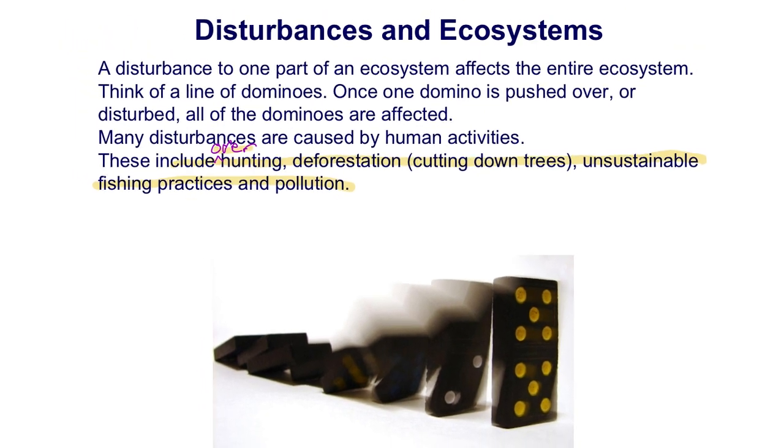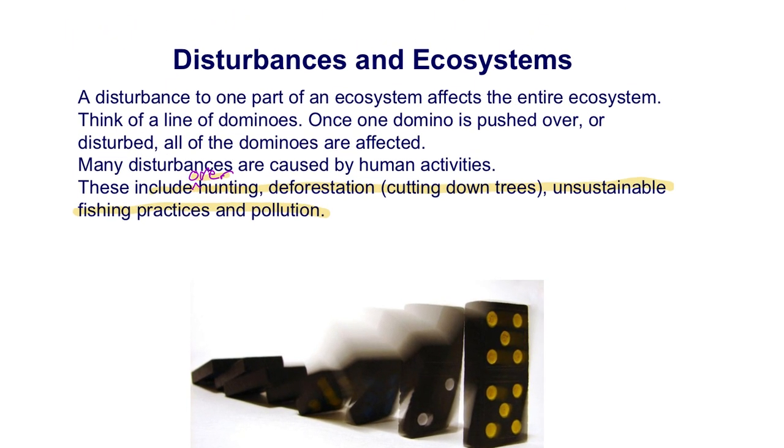So you disturb one thing in an ecosystem because it's a complicated web. Remember our food webs, those pictures we looked at that show all the different interactions between the animals and plants in an ecosystem. You take away one big thing, one piece of that web, and the ecosystem's going to be disturbed. It will affect the whole ecosystem, much like the domino effect.